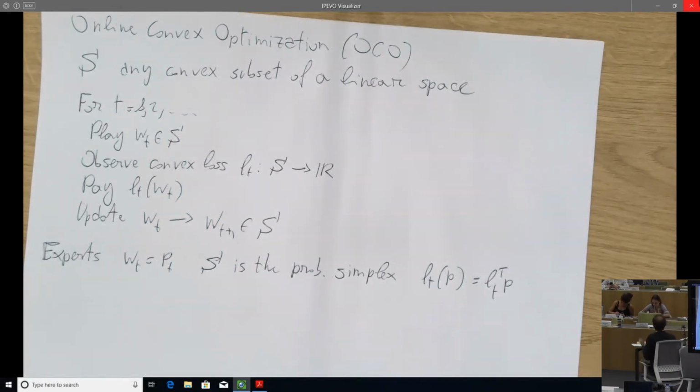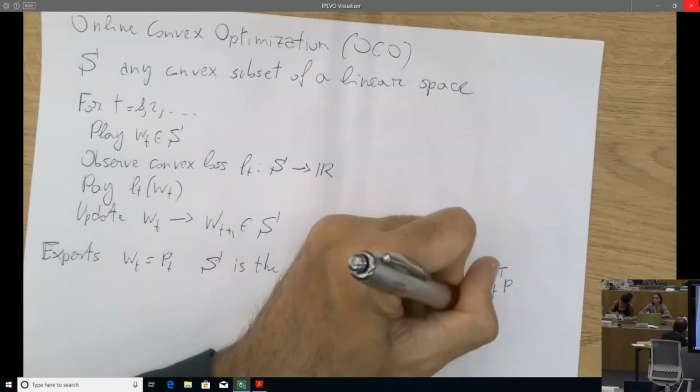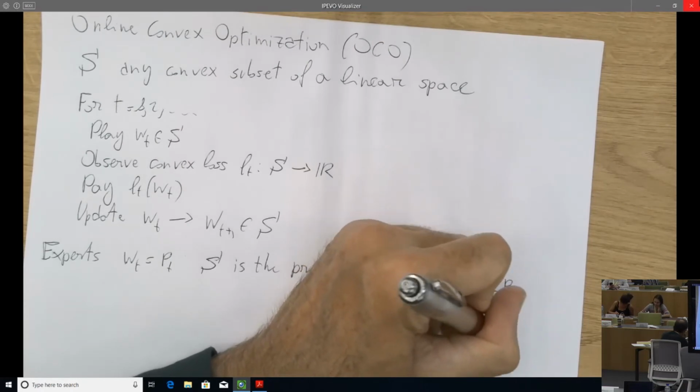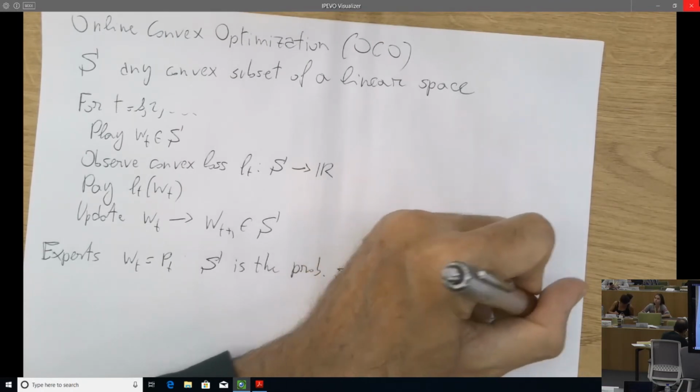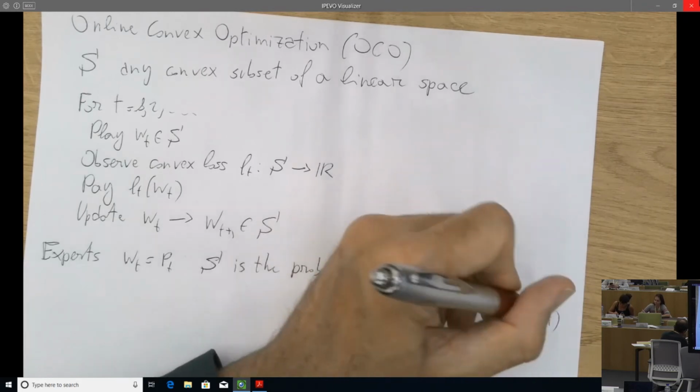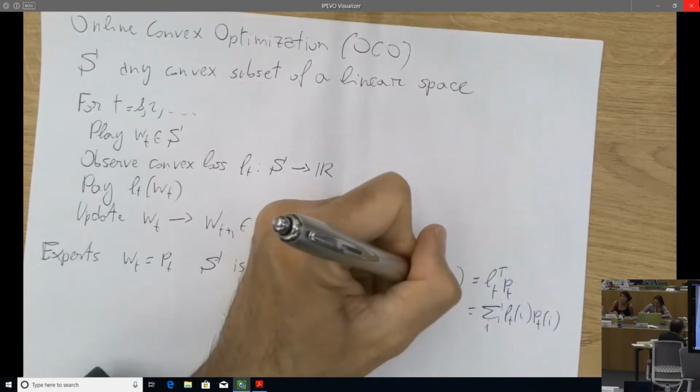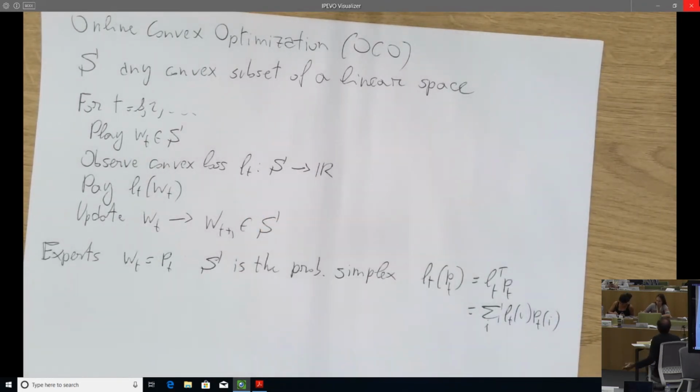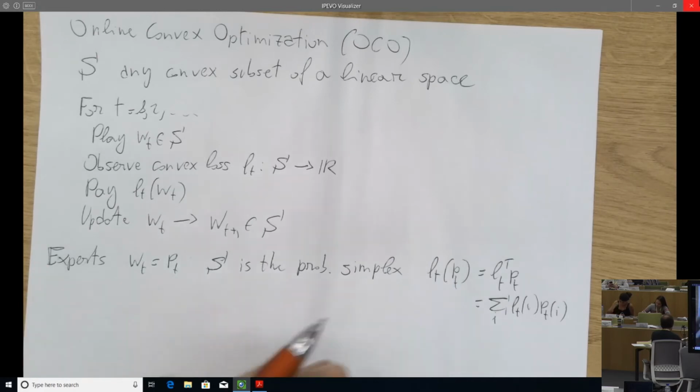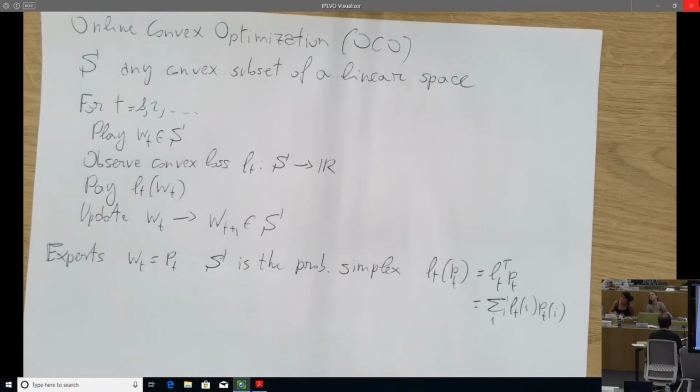The expected loss is like writing the sum over i of l_t(i) p_t(i). It's a linear loss because expectation is a linear operator, so what we were doing before was morally a linear loss. Linear is fine because linear is convex. So experts is a special case of this more general scenario.